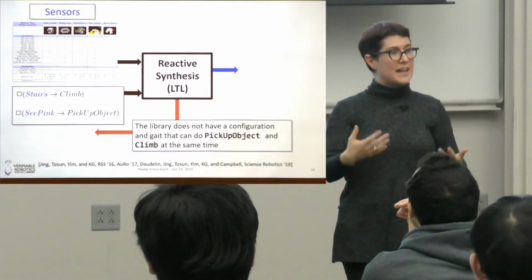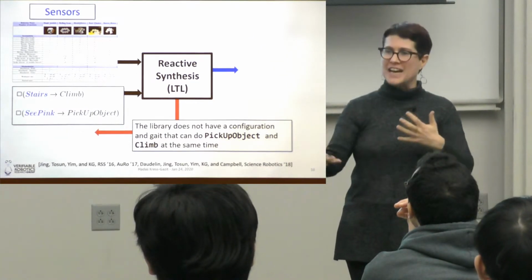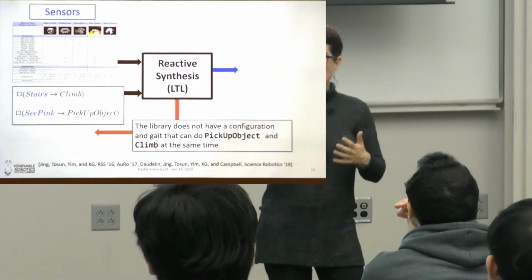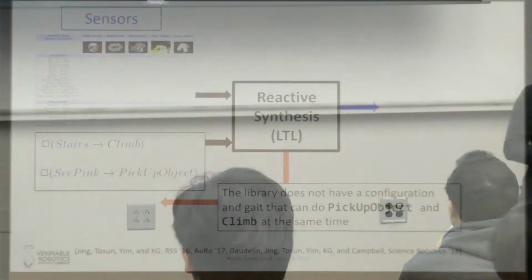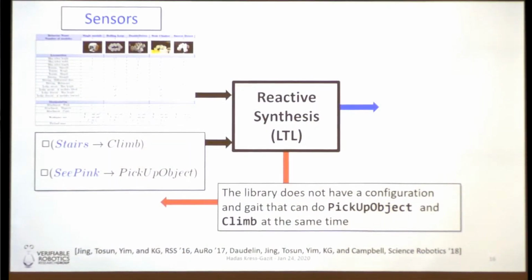Synthesis gives you the generality of being able to adjust your task and your behavior, but a specific solution for a specific problem will be optimized for that problem, and that's what you should do. So if you want to build a drone, don't use synthesis to build a drone, just build a drone. Maybe that was a bad example. But in any case, that is where I'm going with this. And the reason I'm saying it now is because I'm going to show you, actually let me show you this.